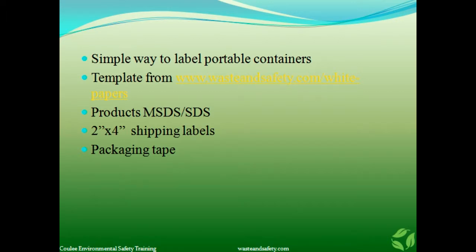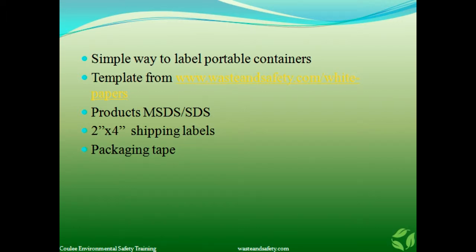There are labeling programs that you can buy, and those are probably best to use if you have a lot of different hazardous materials you work with and are transferring into portable containers. However, perhaps you have just a handful of materials you're doing this with.